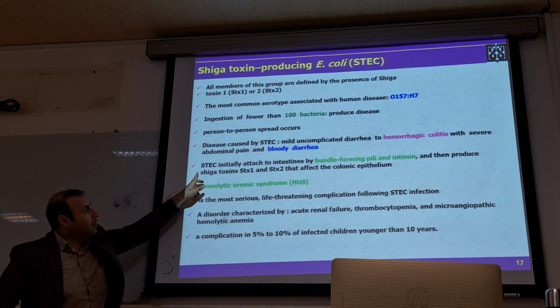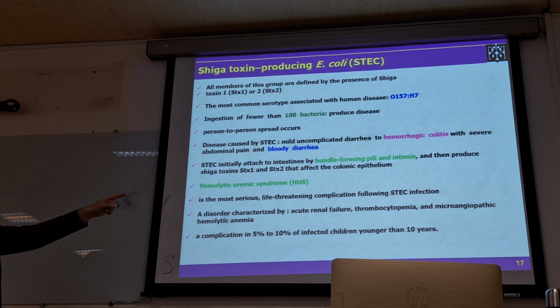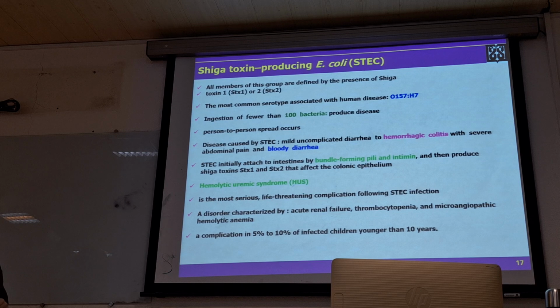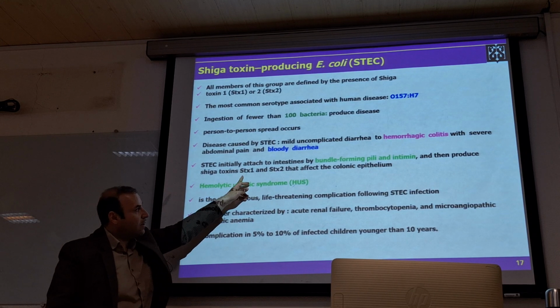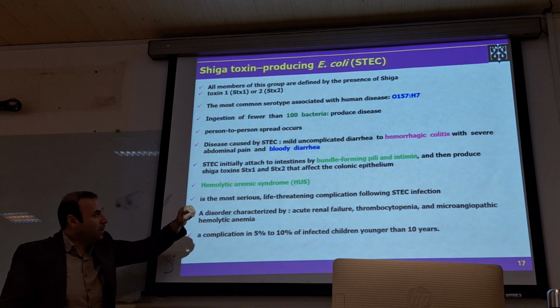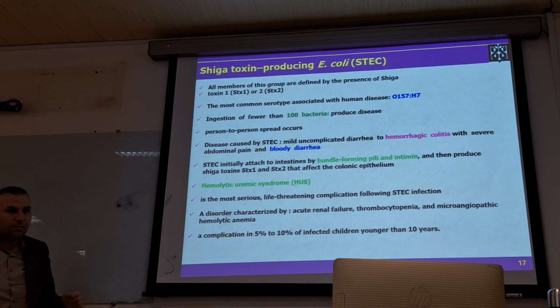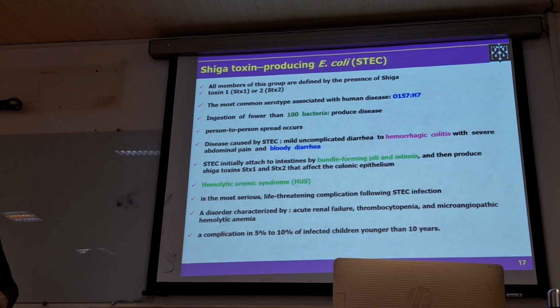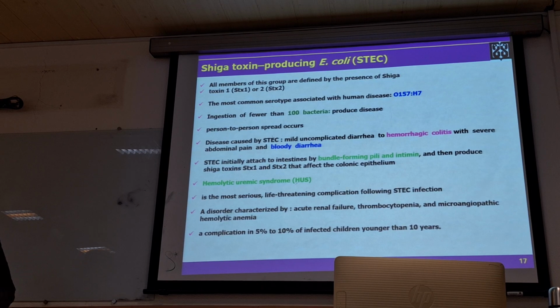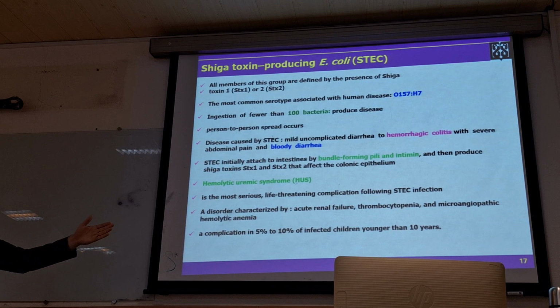STEC initially attaches by bundle-forming pili and intimin, and then produces this toxin. This toxin affects the colonic epithelium. Hemolytic uremic syndrome is the most serious life-threatening complication following STEC infection.